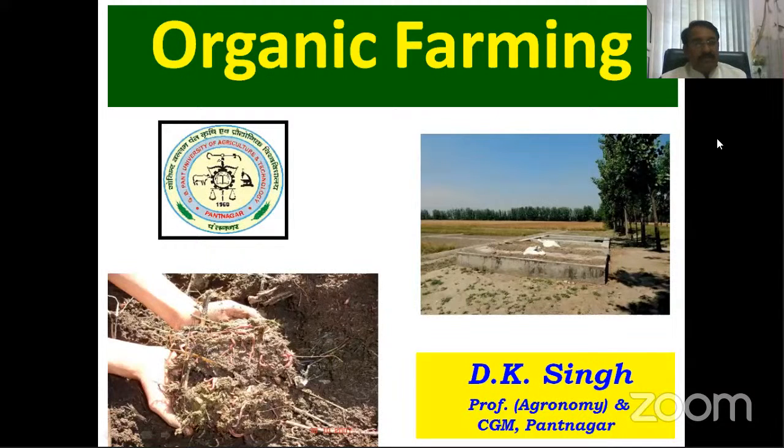So organic farming is one of the areas which is the answer to all these types of sustainability. I'm going to present, and most of the photographs and results are my own experiences, which have been generated at Pantnagar.